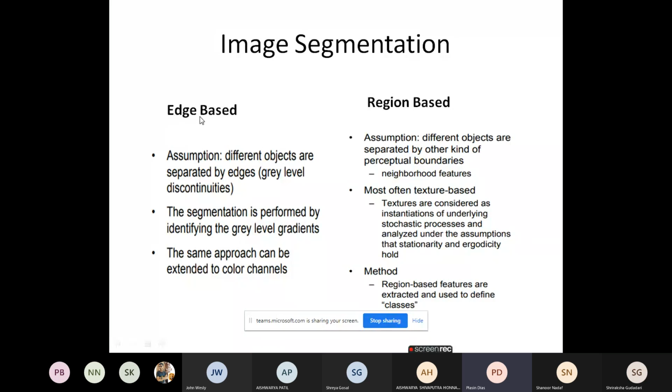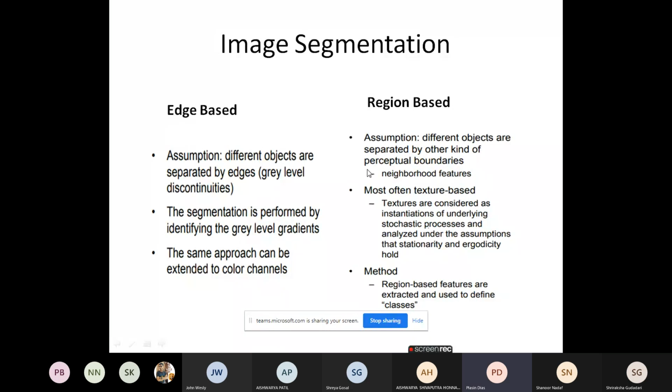When we consider edge based segmentation methods, we are considering different objects separated by edges. That means we are hunting for discontinuity, whereas here different objects are separated by a kind of perceptual boundaries. What do you mean by that? You are trying to understand the neighborhood features.